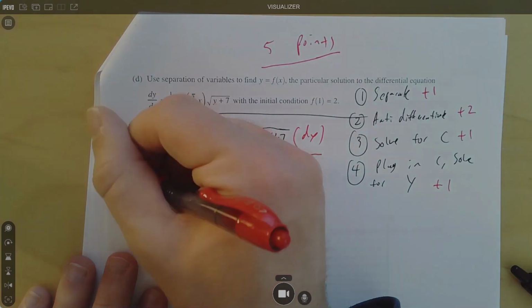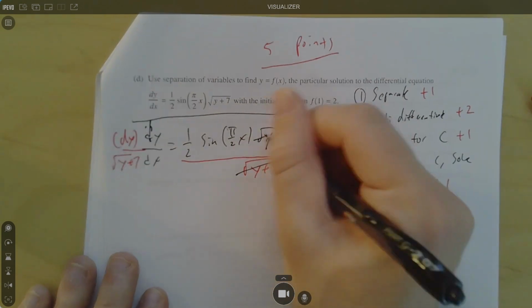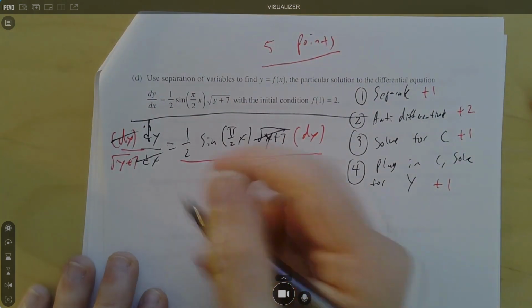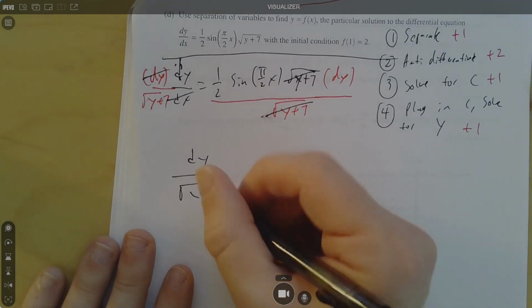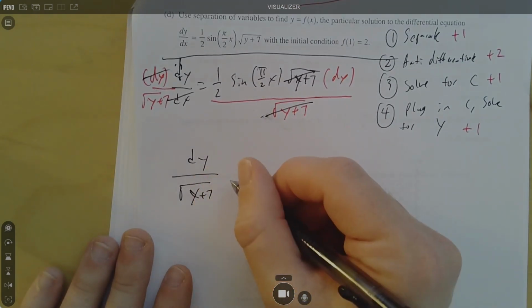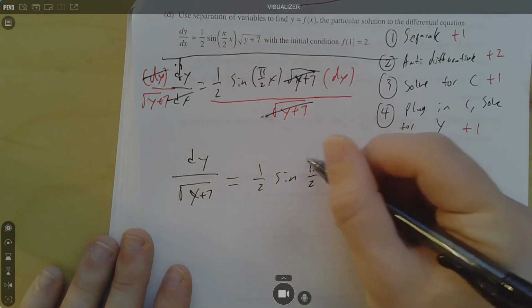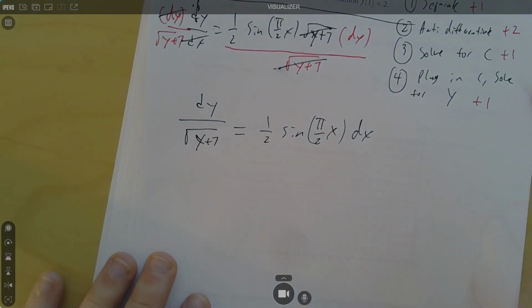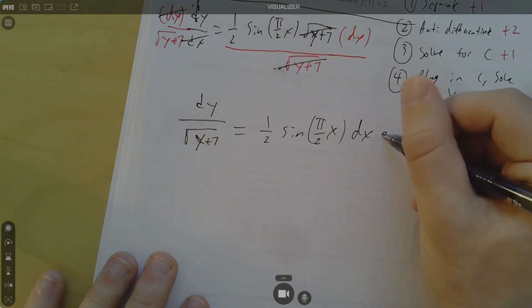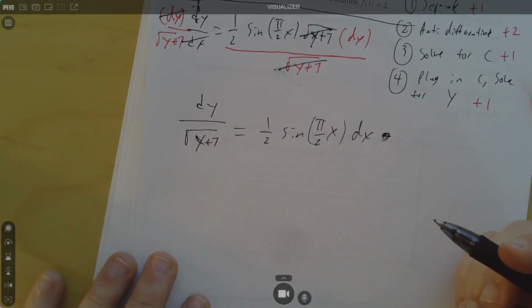What happens is everything cancels. So I have dy over root(y plus 7) equals 1/2 sine(pi/2 x) dx. Okay, plus c. No, not yet. Sorry, not plus c yet. Questions so far?